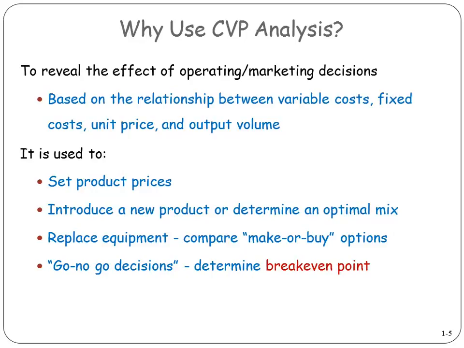A Ralph Lauren could decide to build factories in the US, very automated factories, and produce shirts here. Or they can decide to go overseas to Sri Lanka and have individuals, people, in a very non-automated fashion, produce the same shirt in a variable cost environment. That's a variable or a fixed cost decision.